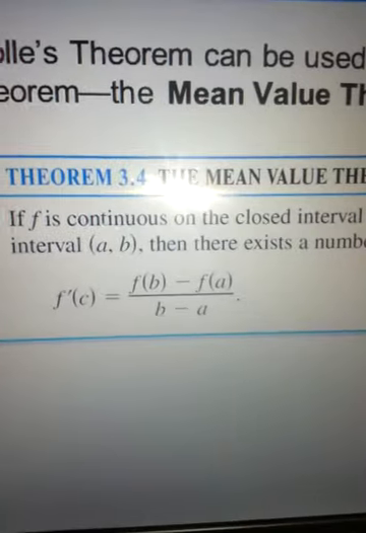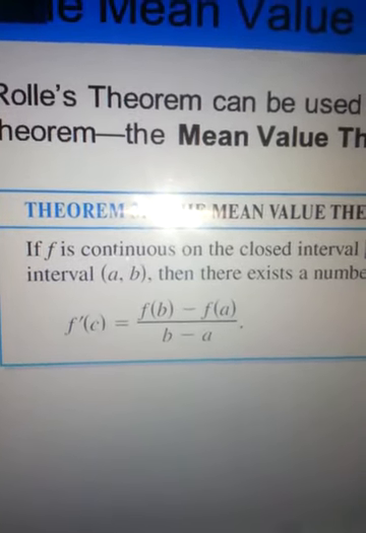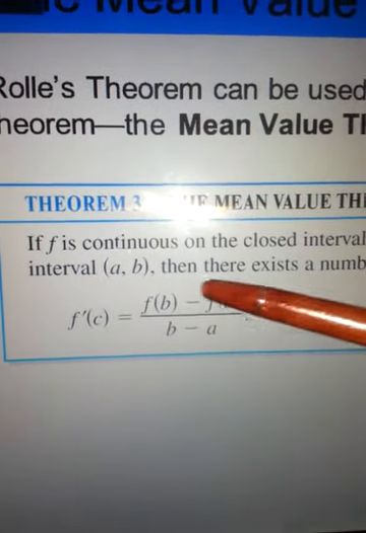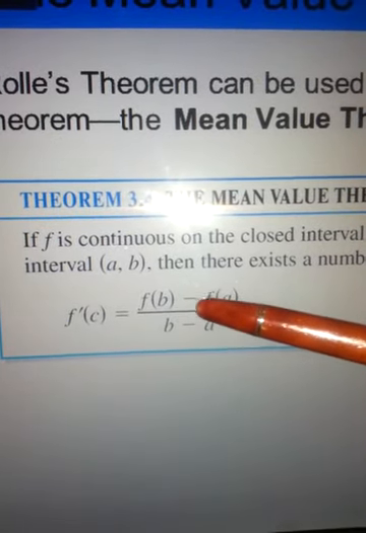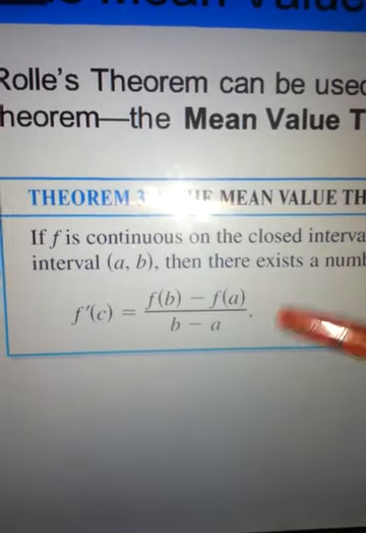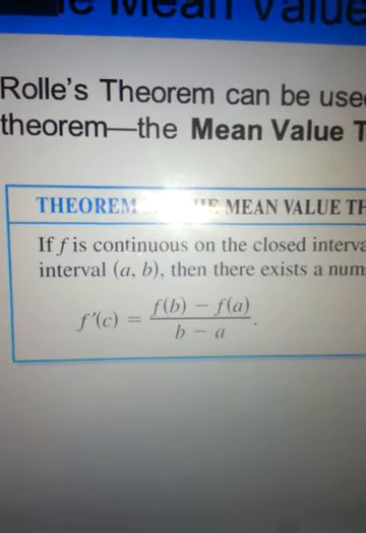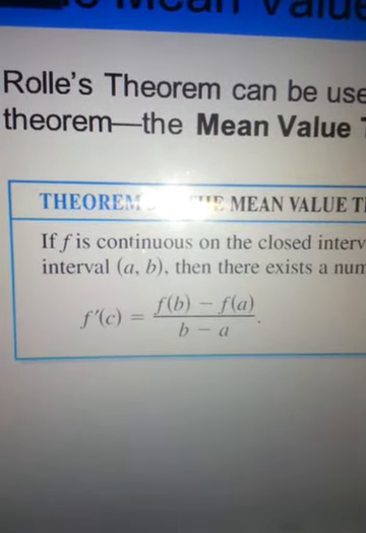The right side is just the slope of a secant. This is f2 minus f1 over x2 minus x1, delta y over delta x. Secant, very simple, while the left side is a derivative.